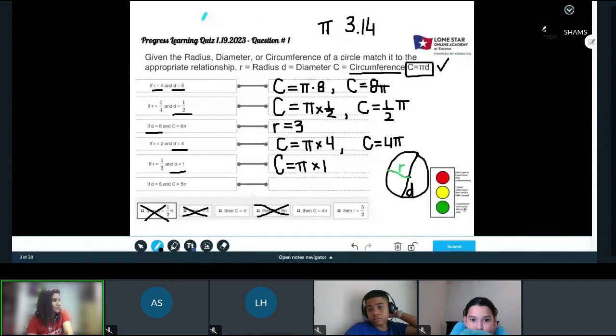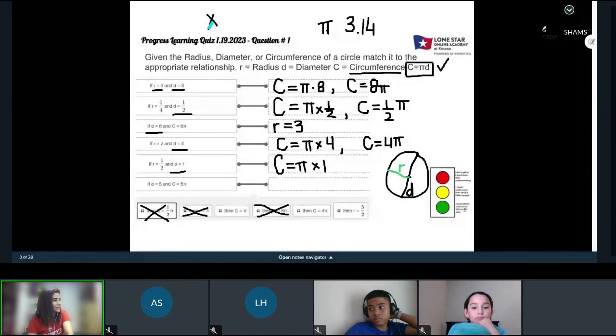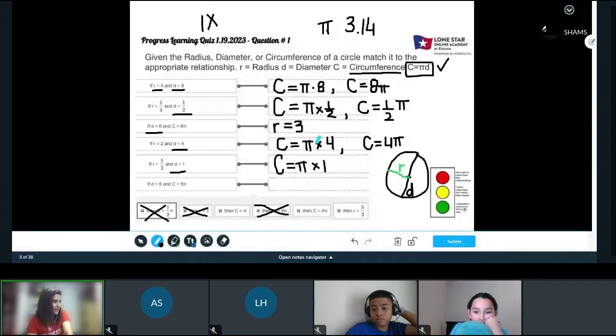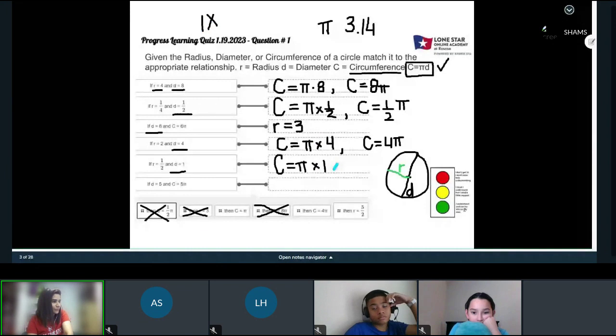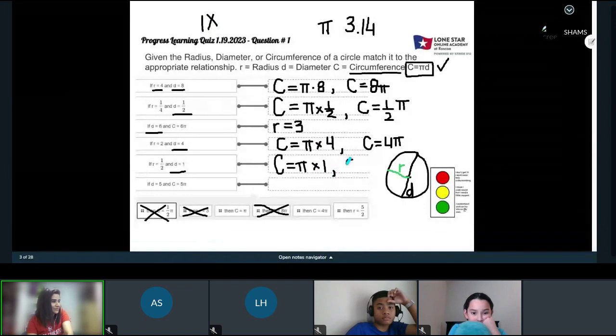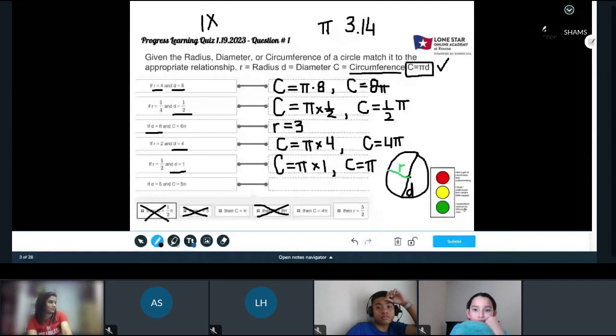What do we say? The variable is x. We don't say the variable is 1x, right? In the same way, when I do pi times 1, I'm not going to say 1 pi. I will just say circumference equals pi. The 1 becomes invisible. 1 pi is the same as pi.